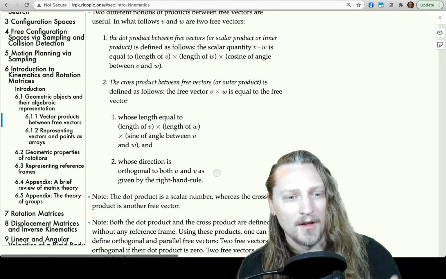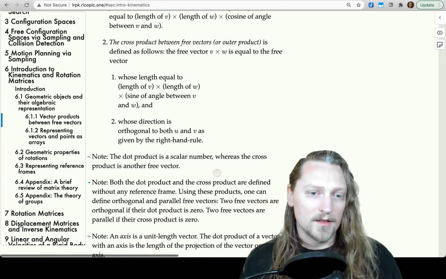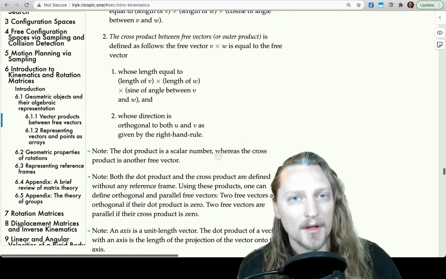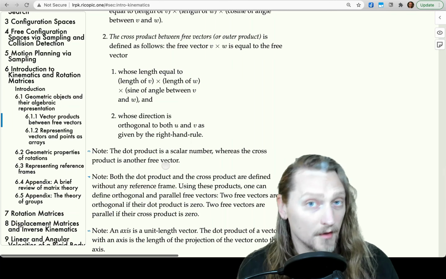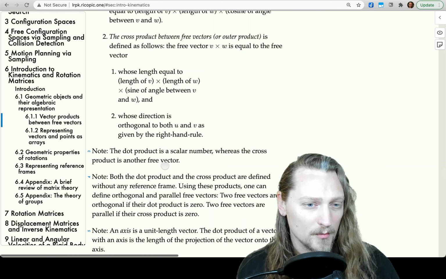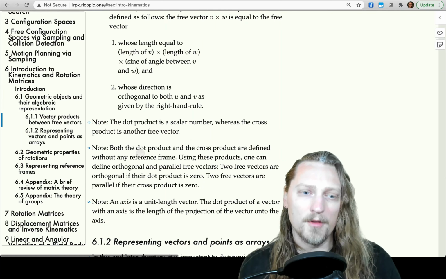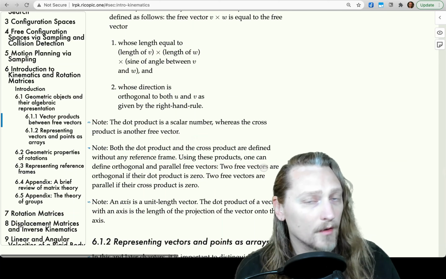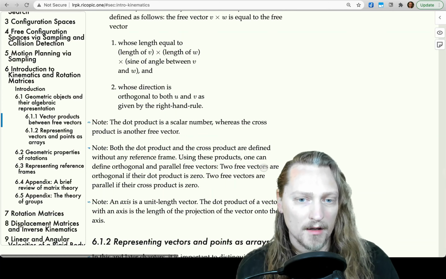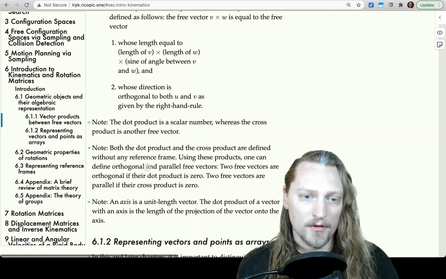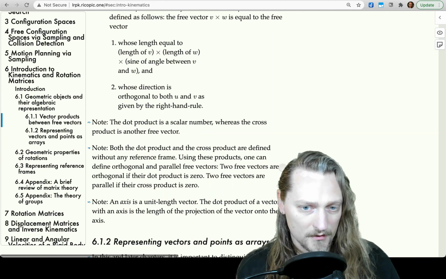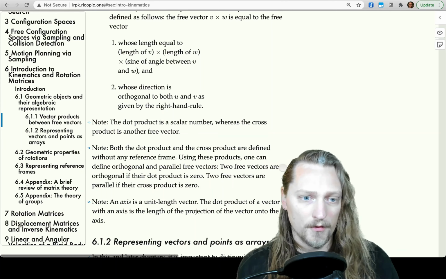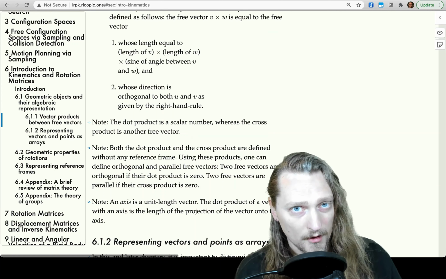All right. Note, the dot product is a scalar number, whereas the cross product is another free vector. Okay? It's important. Another note, both the dot product and cross product are defined without any reference frame. Using these products, one can define orthogonal and parallel free vectors. Two free vectors are orthogonal if their dot product is 0.